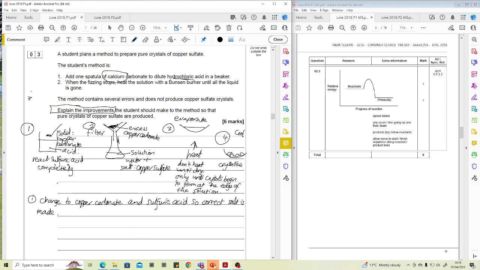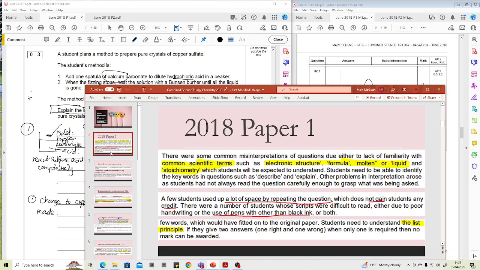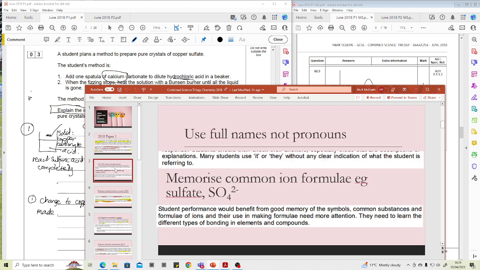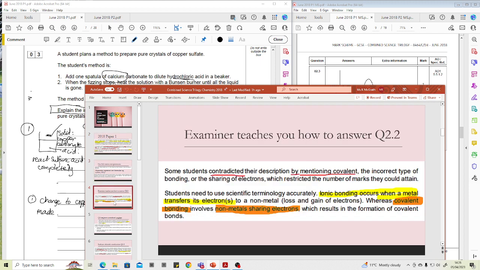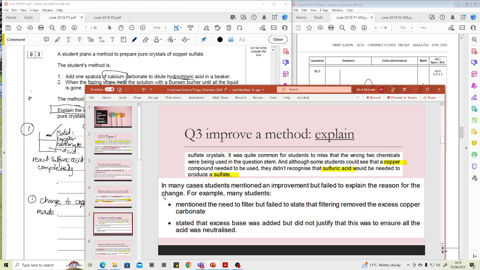Okay, I'm just going to change to the examiner's report here and just check. What does it say? Oh yeah. Question 3. Improve a method. Explain. Some students could see that a new substance needed to be made, but they didn't actually explain. They didn't change things in the method, so they didn't get the marks because they didn't change the chemicals.